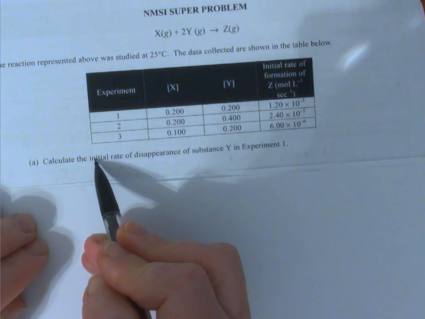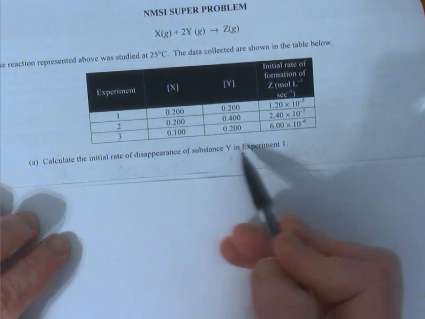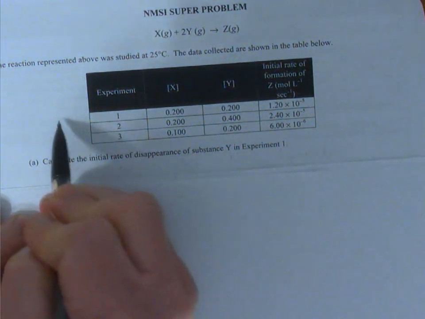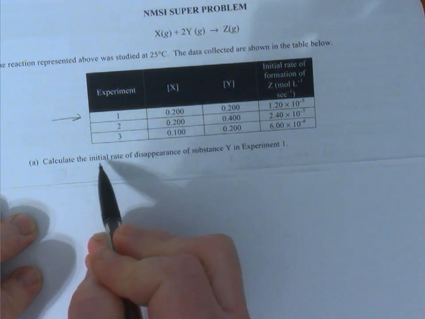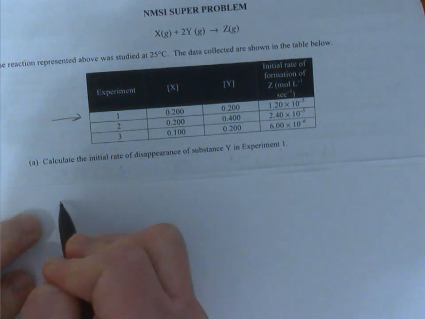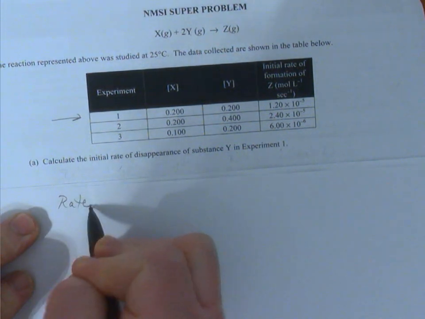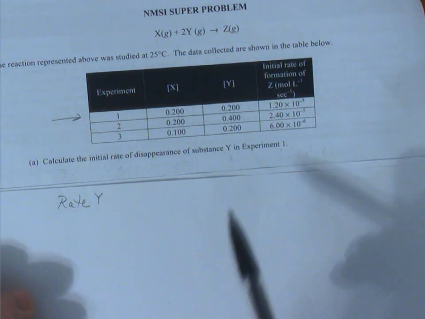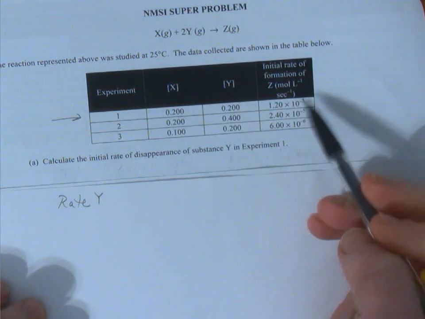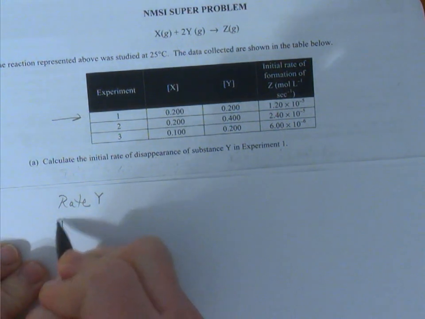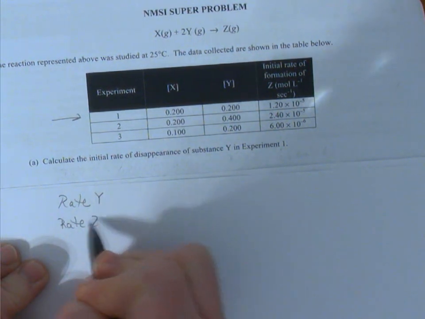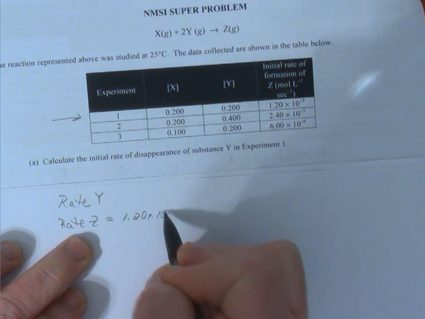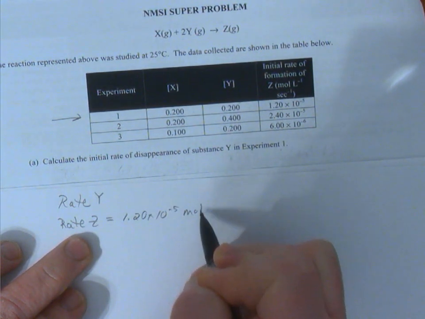Calculate the initial rate of disappearance of Y in experiment 1. So the rate of Y in experiment 1. Well, I'm given the rate in reference to Z: 1.20 times 10 to the negative fifth mole per liter second.